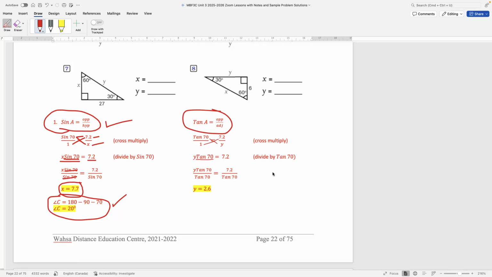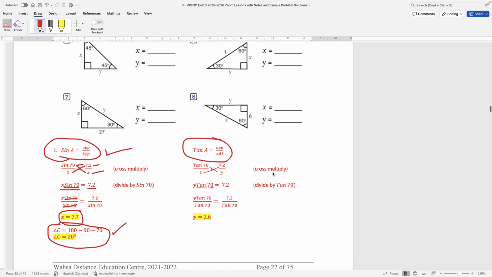So you're just going to take your calculator now, and you are going to go 7.2 divided by, press the tan key, and then 70, and press equals, and you'll get 2.620585687.